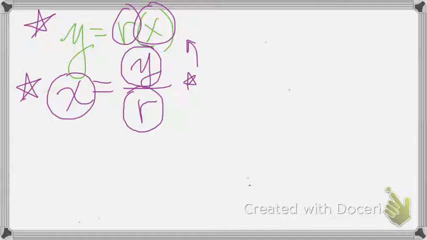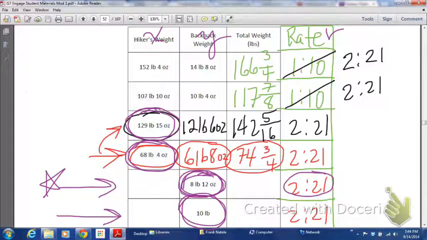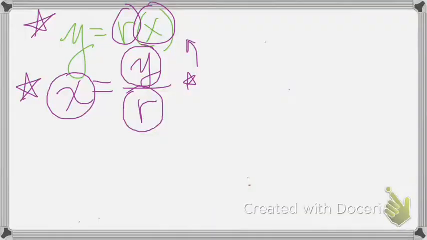So if we go ahead and plug those numbers in, we have 8 pounds 12 ounces as our y, which is 12 over 16, which is also, we know, 3 over 4.